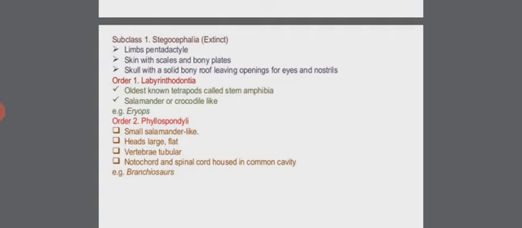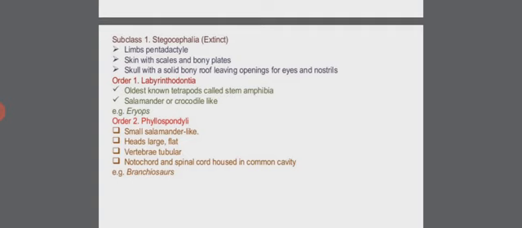Number 1, Labyrinthodontia, wherein the oldest known tetrapods called stem amphibians were present, and it included salamander or crocodile-like amphibians. The example known is Eriops.